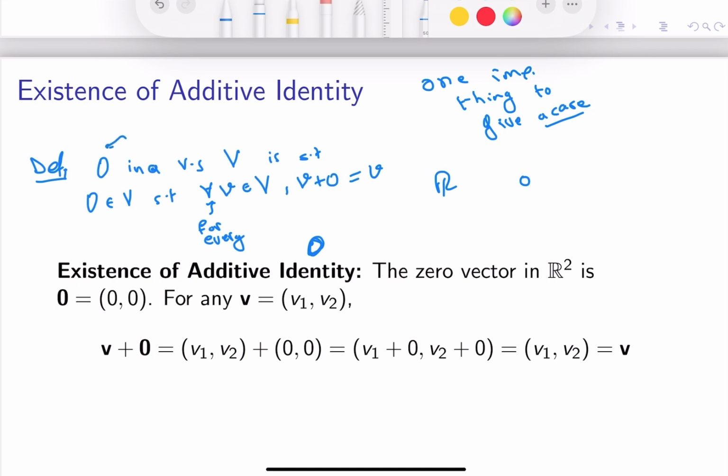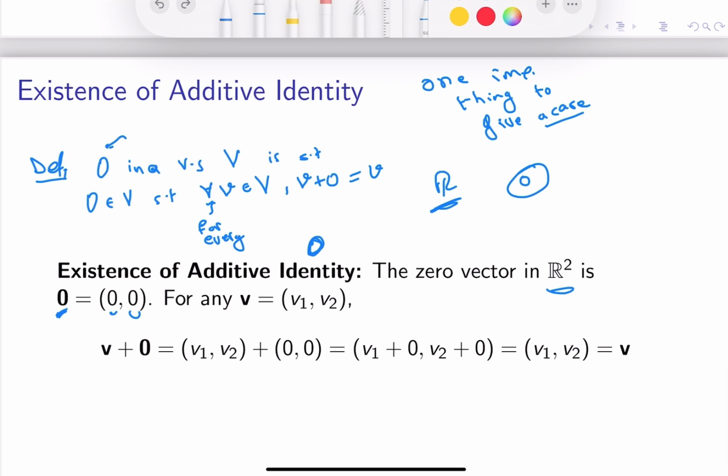This is not a number. This is not the number that you know in R. This is a notation for an element of the vector space V that satisfies this property. So in R, it is the zero number that you know. Now in R2, what is it? In R2, if you define the zero to be the vector 0, 0, you take zeros in both entries, it's gonna be the identity that you're looking for.